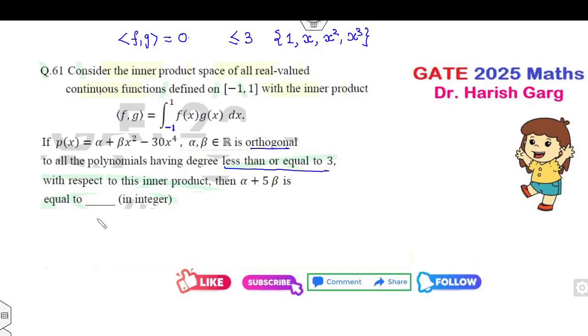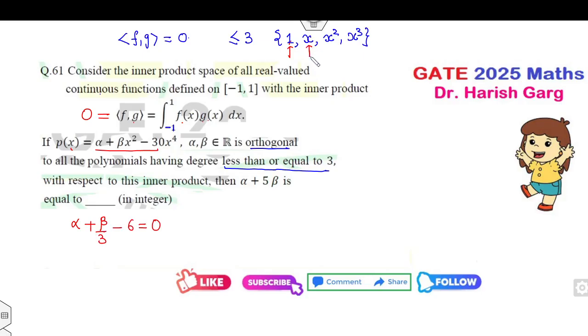Fine. Now you can write the equations. Firstly, if you take q as 1 and p is this function, the dot product, the left-hand side, will be 0. Integration from -1 to 1 gives 2 alpha plus beta over 3 minus 6 equal to 0.